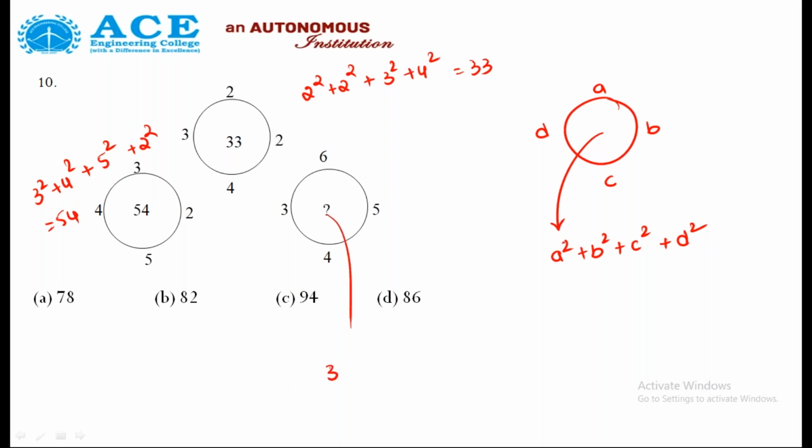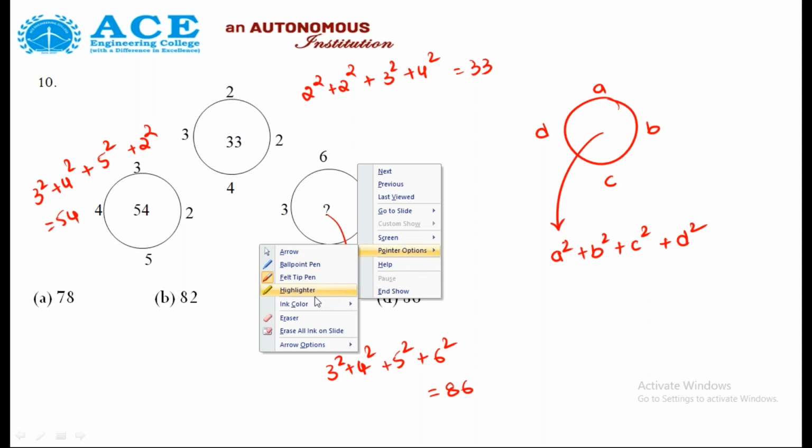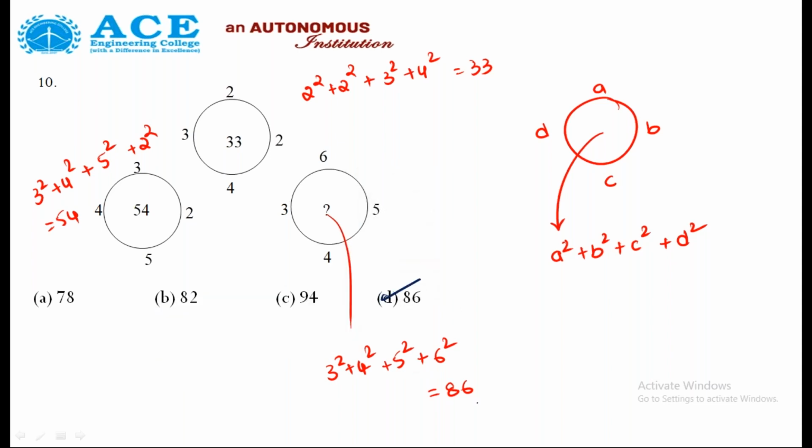Whereas this is here 3 square, 4 square, 25, 5 square, 25, 50, and along with 6 square, 36, 50 and 36, 86 we'll get. Sum of all this is nothing but 86. Option D is correct. Fine, see this. Okay, how you got these values? You just check that.